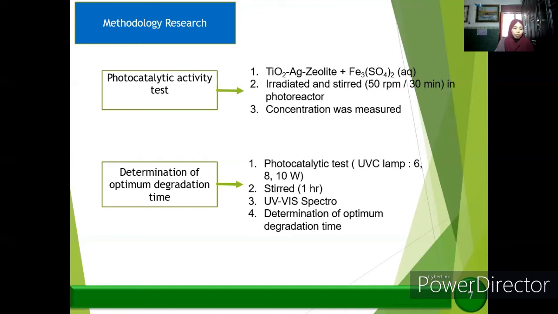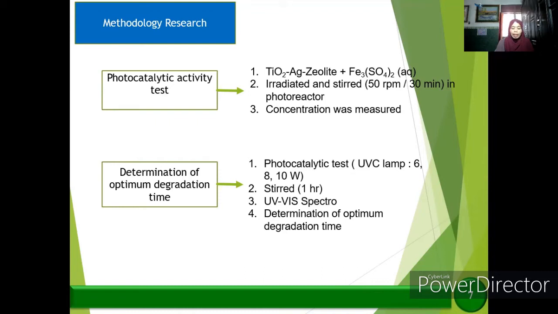The solution was stirred for 1 hour in the dark. Then 3 ml of iron sulfate was taken. After that, the photodegradation reaction was carried out with a UVC lamp while still being stirred, and 3 milliliter samples were taken. The samples were centrifuged at 7,000 RPM for 10 minutes.